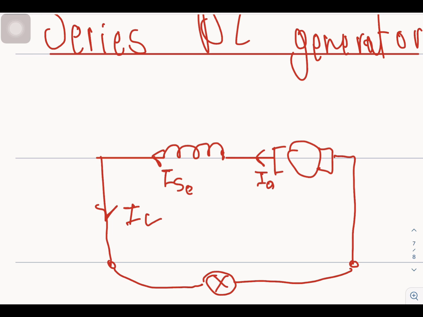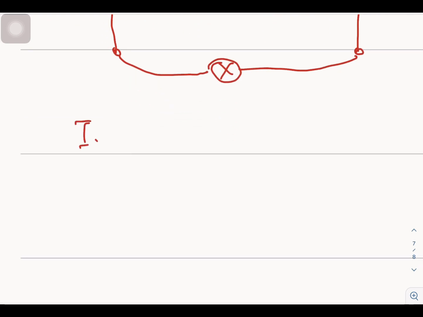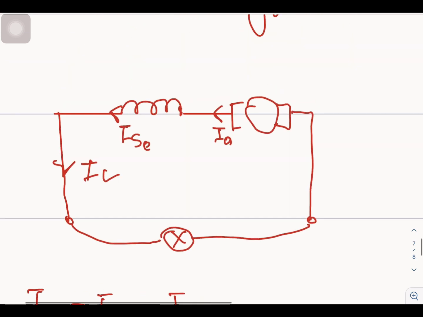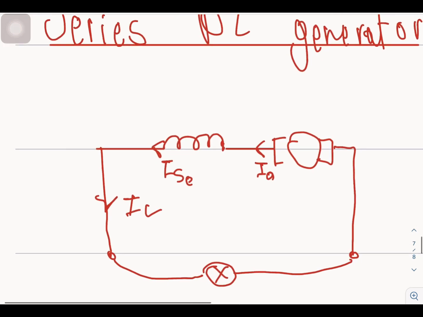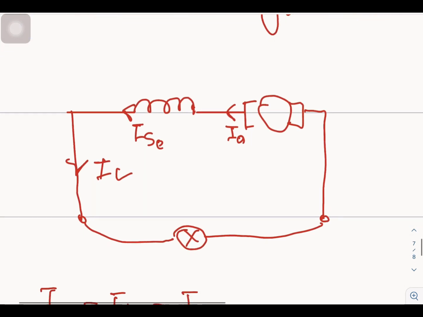What do we know about a series circuit? We know that the current is the same. In other words, IA is equal to I load is equal to I series. I don't want, when the question tells you the load current of a series generator, for you to scratch your head about how we will find the armature current. It's right there in front of you. The armature current is equal to the series current is equal to the load current because this is a series machine.